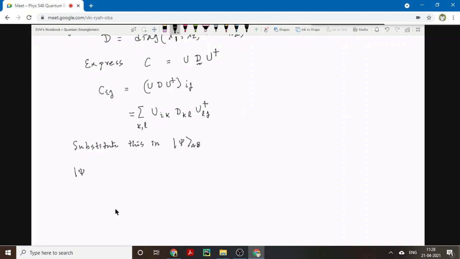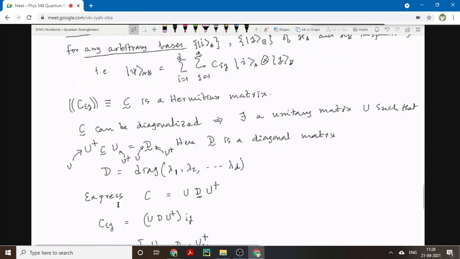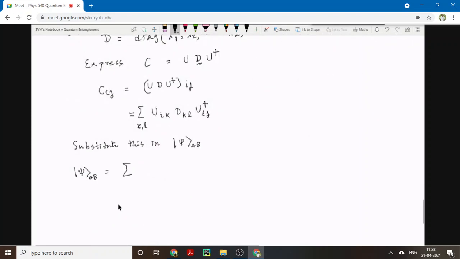Psi AB is equal to, already I have sum over i equal to 1 to d, sum over j equal to 1 to d, and I have sum over k equal to 1 to d, sum over l equal to 1 to d.